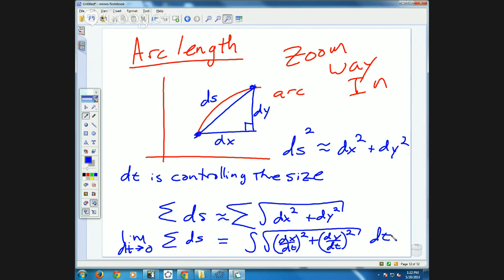It's pretty much a direct use of the Pythagorean theorem. It is a lot. There's a lot to look at there, and I skipped a lot of technical steps. What happens if you multiply that dt and cancel things out? It'll just be the square root of dx squared plus dy squared.